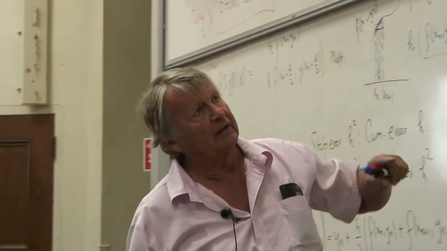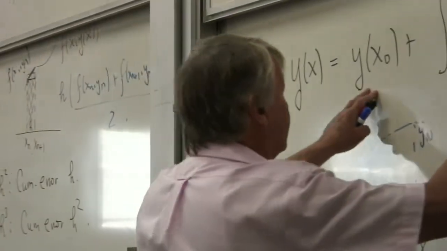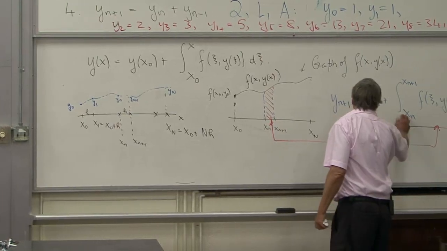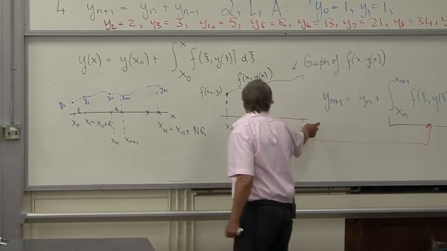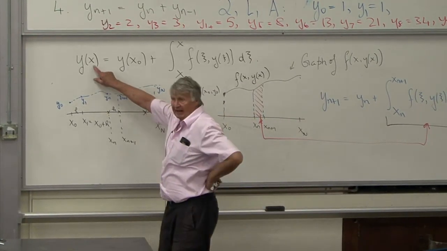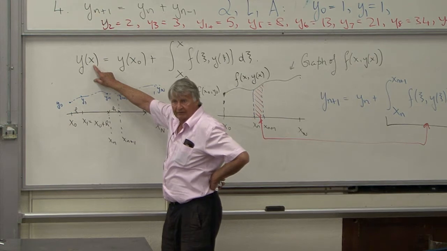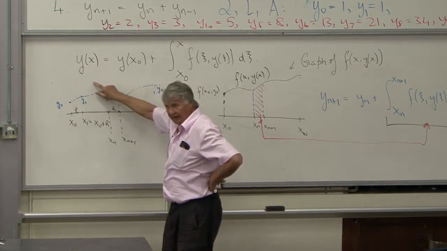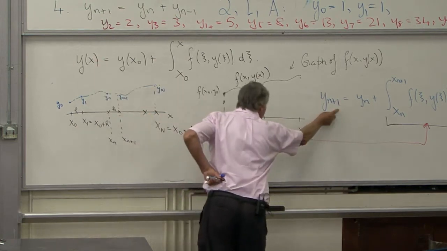Essentially, you integrate this formally to get this expression here. Then you have the stepwise thing here, which is gotten by putting x equal to x_{n+1}, and then equal to x_n, and that'll be y_{n+1} and y_n. Subtract the two things, you get this.